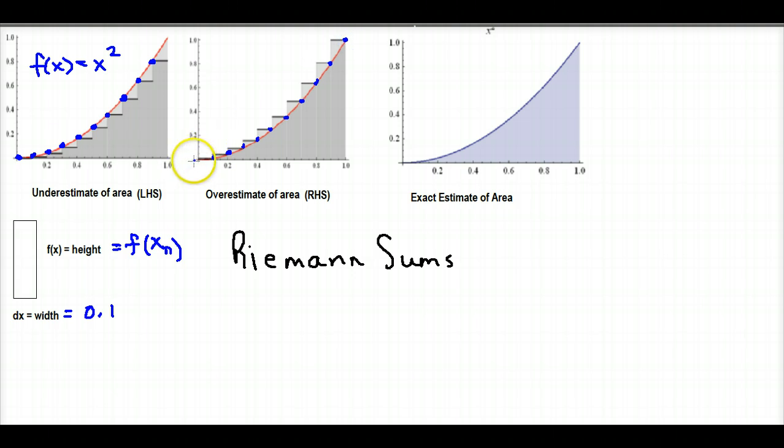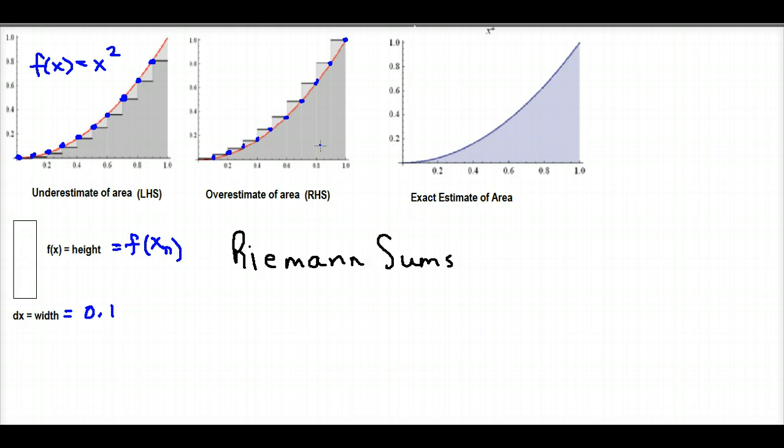And you see the one point that we left out is f of 0. And this is what's called a right-hand sum. If we were to take the corresponding rectangles for each of these and add up all those areas, it would be an overestimate of the area.